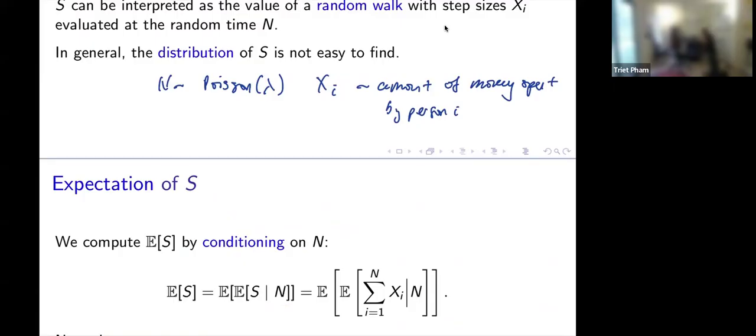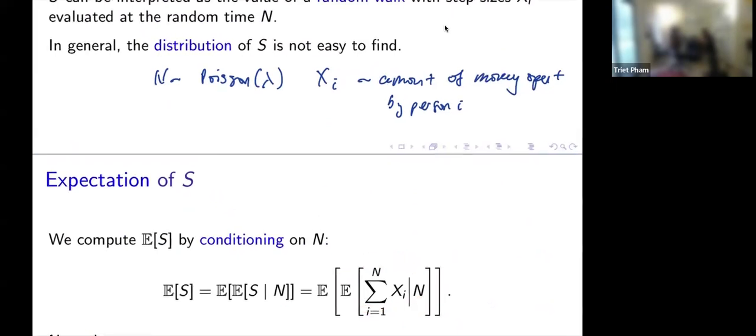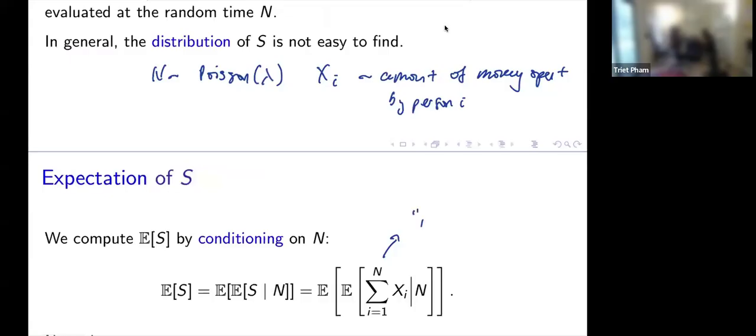Because the moment you condition on the upper bound, the inner expectation becomes just a sum, where the xi's are still random, but you have taken away the randomness of the upper bound by conditioning on it.